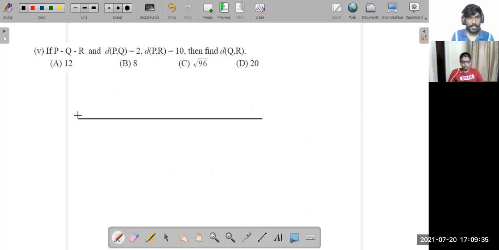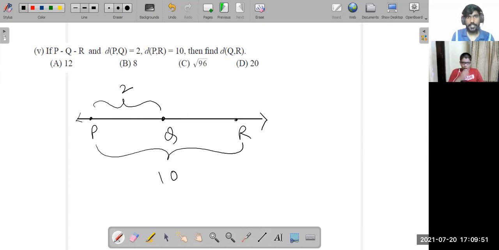So P, Q, R. Distance PQ is 2. Distance PR is 10. You have to find out distance QR. How much will it be? 8. That is 10 minus 2, 8. So B is the answer.